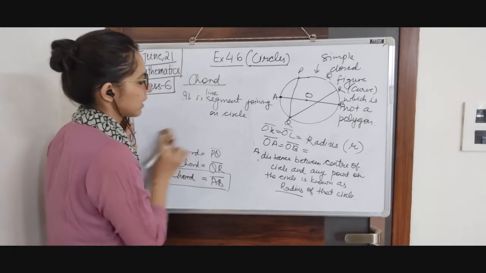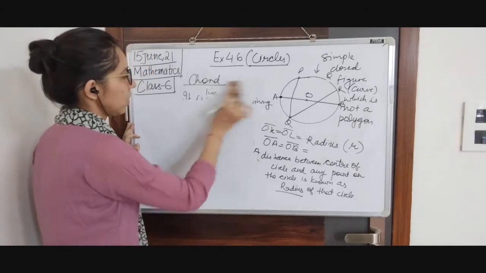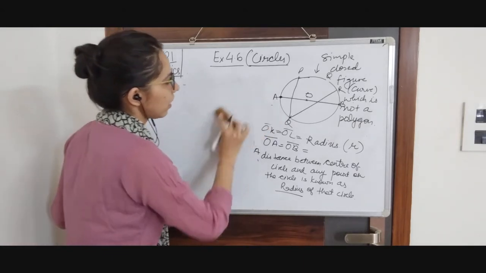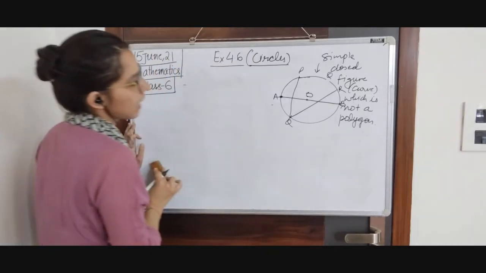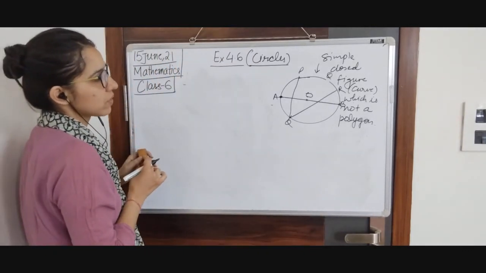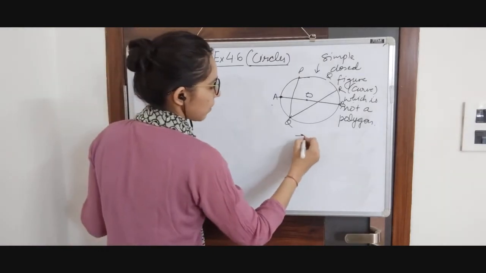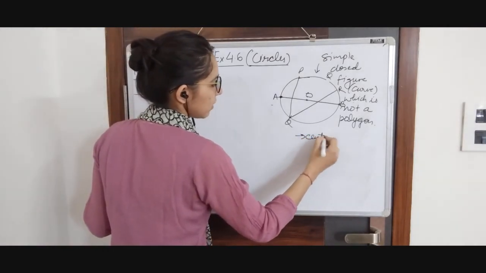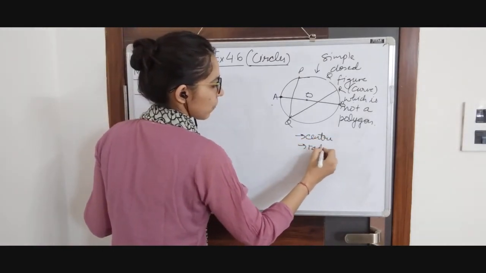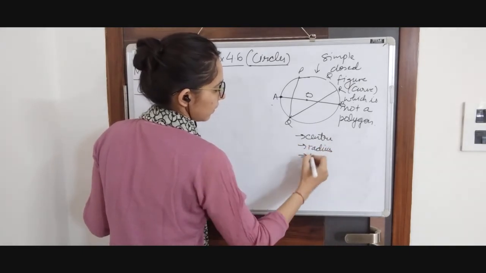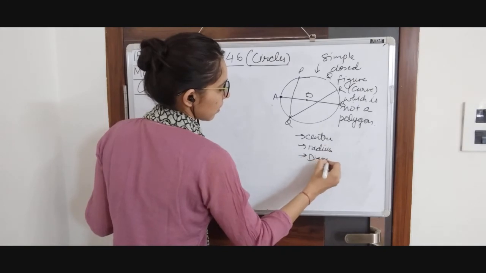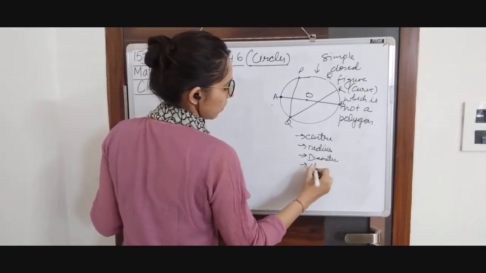Till now we have discussed the center of a circle, radius, diameter of a circle and chord of a circle. Okay, we have discussed center, radius, then diameter, then chord.